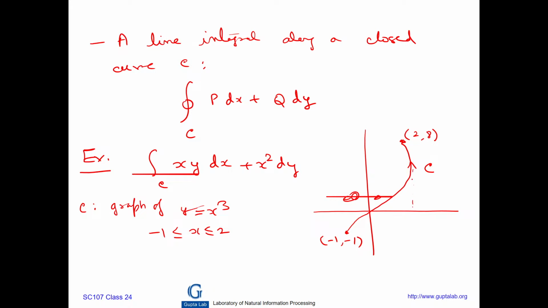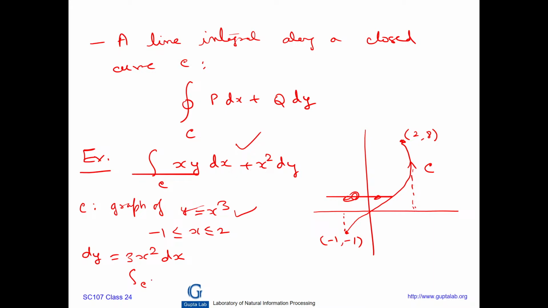So now I have to compute this integration along C of xy dx plus x square dy, and the graph of the curve is y equals x cube, where x starts from -1 and goes up to 2. Since y equals x cube, we know that dy will be 3x square dx.